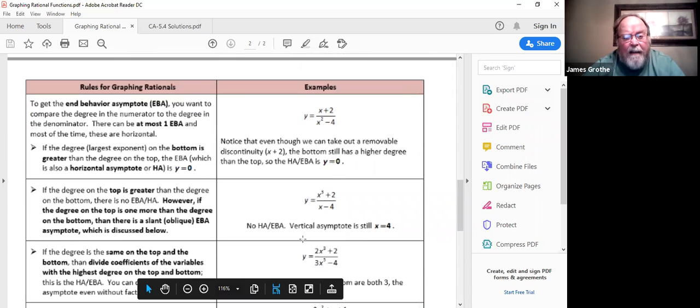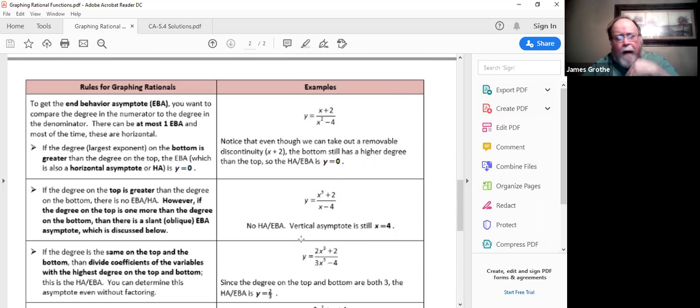The key is the degrees of the numerator and the denominator. Degree being the highest power of the numerator and the highest power in the denominator. Now, the first example we see here, the numerator has the highest power of 1, that's x to the first plus 2, and the denominator x to the second minus 4.